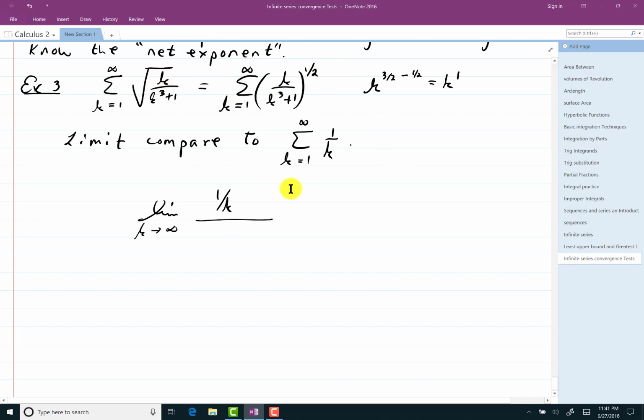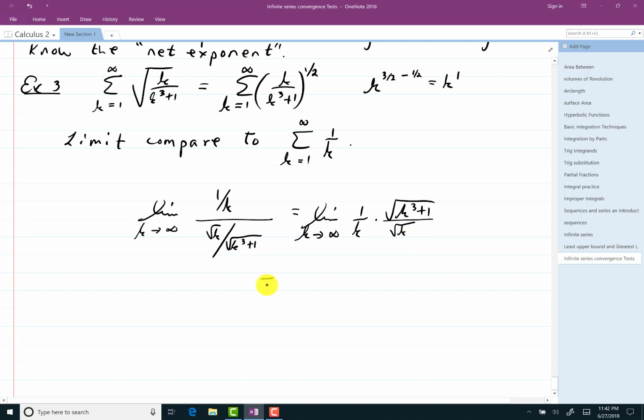I'm actually going to break it up. So I'll have the square root of k divided by the square root of k cubed plus 1. Now, when you fix all these fractions, you're going to get the limit as k goes to infinity of the square root of k cubed plus 1, all over radical k.